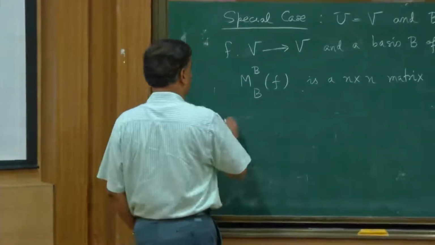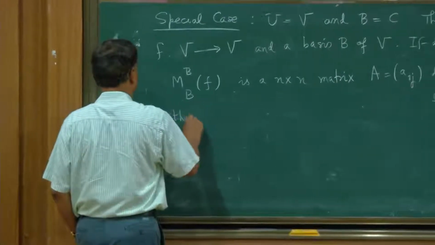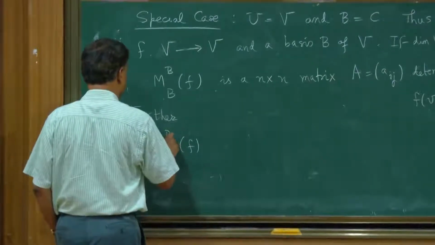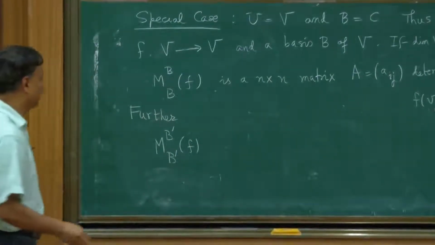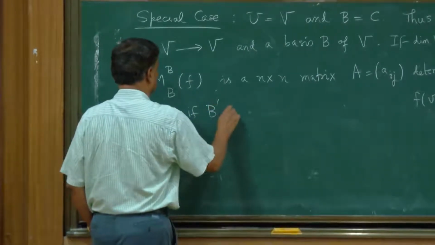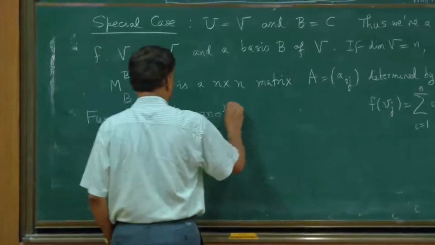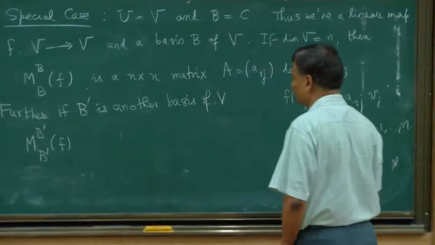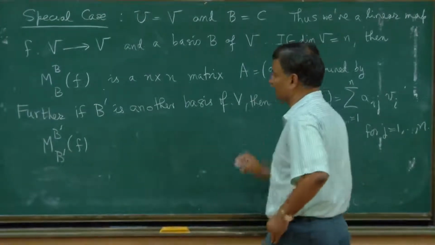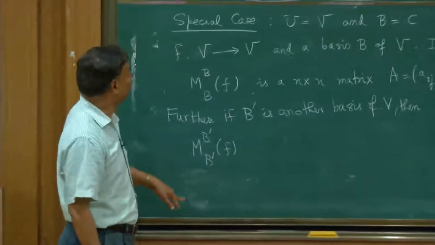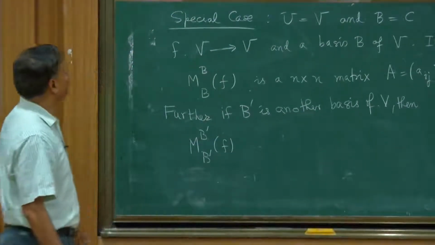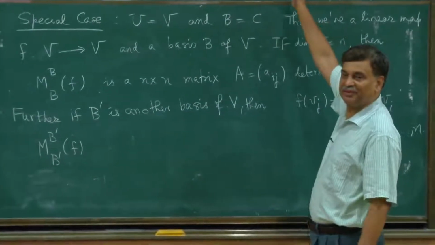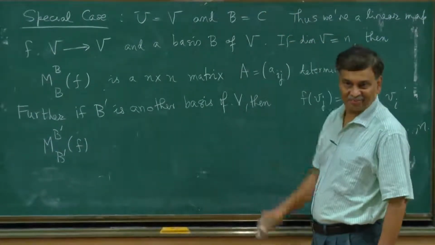Okay. Further, if I look at the matrix of the same map, but with respect to another basis, B dash and B dash, if B dash is another basis of V, then what is the relation for the matrix of F with respect to that? We have the general thing here. So, I just have to change C to B, keep the dashes, right.